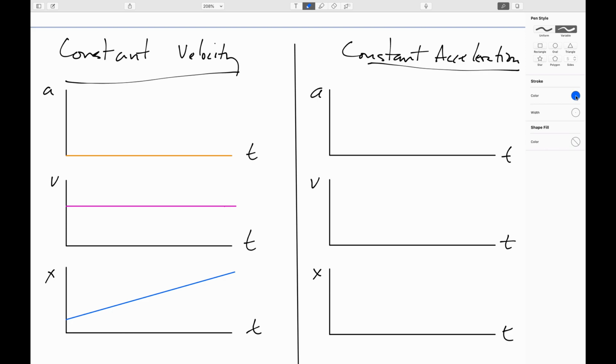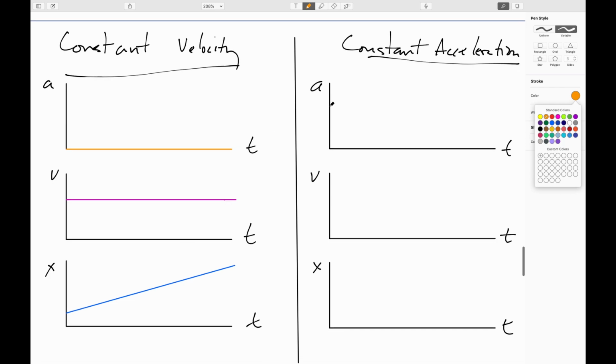Now let's try a constant acceleration. In the case of constant acceleration, that's not 0 because we've already covered that. That would look something like that. So again, the value of the acceleration never changes.